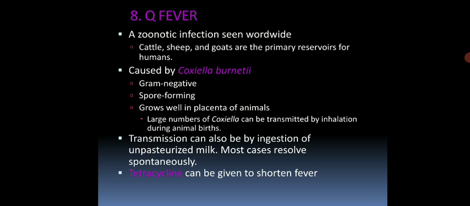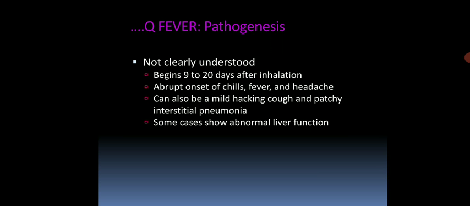Transmission can also be by ingestion of unpasteurized milk, and most cases resolve spontaneously. Tetracycline is the drug of choice for treatment, and it can shorten the fever. In case of pathogenesis, it is still not clearly understood.